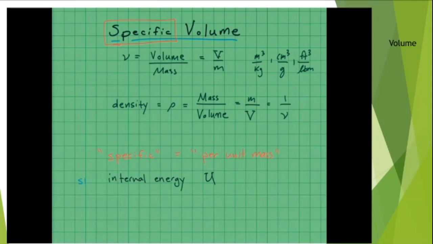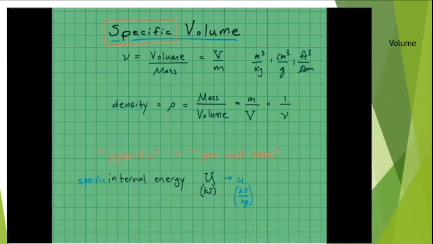And if you throw specific in front of that description, that gives you lowercase letter u. And so instead of units of kilojoules, now I have units of kilojoules per kilogram. So it kind of generalizes the problem because it's on a per unit mass basis. It's not tied to the particular mass of a problem.